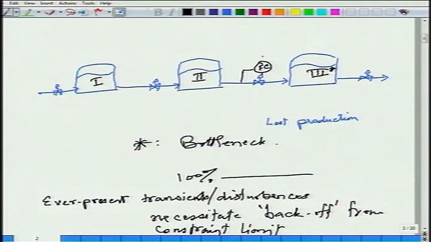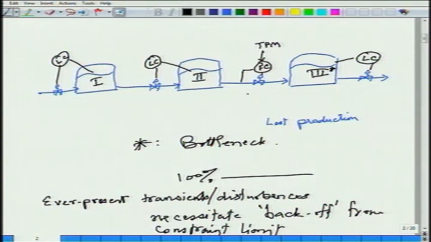Let this be my throughput manipulator. Then level control has to be this way, the upstream level controller has to be this way, reverse direction of flow. Yes or no? And now let me look at the flows.